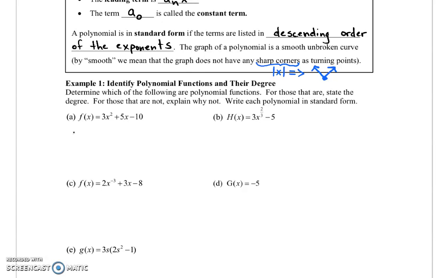So determine which of the following are polynomial functions. If they are, give the degree. If they're not, explain why. So if we look at this first one, this is a polynomial function.